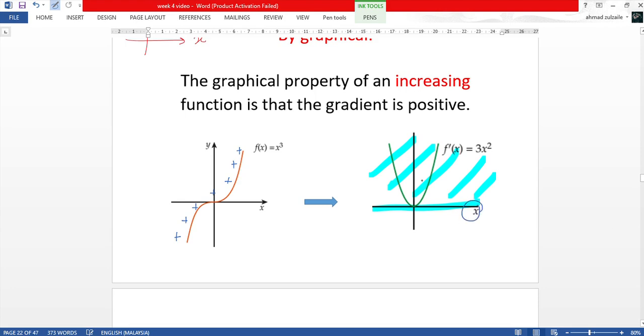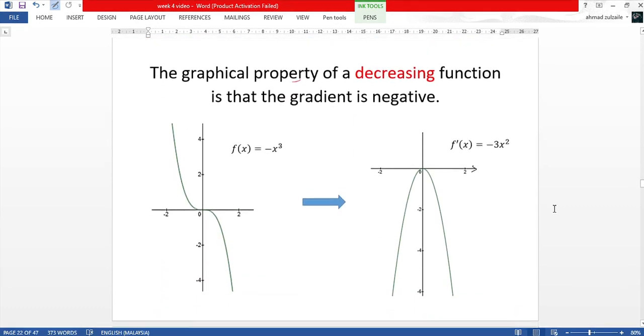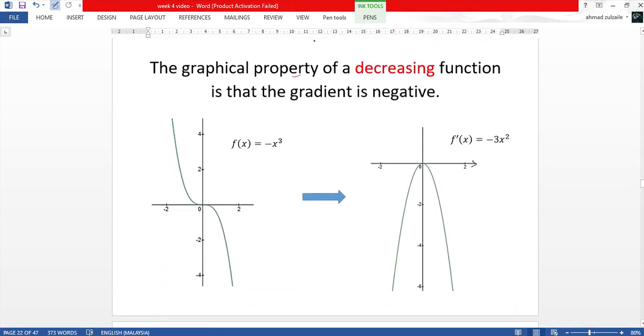Okay, this is an example for increasing function. Alright, and for decreasing function, definitely you can identify the graph is a decreasing function if it lies below the x-axis.